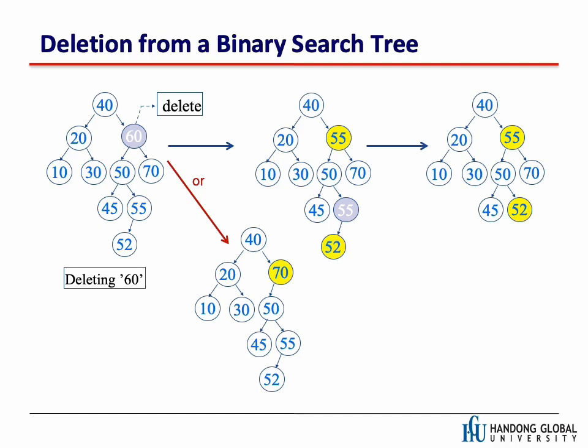So in the algorithm, you have to choose one direction, the largest one from the left subtree or the smallest one from the right subtree. Or if you want, you can check the depth of the left subtree and the depth of the right subtree, and then you can choose the longer subtree to have a more balanced BST after deletions.